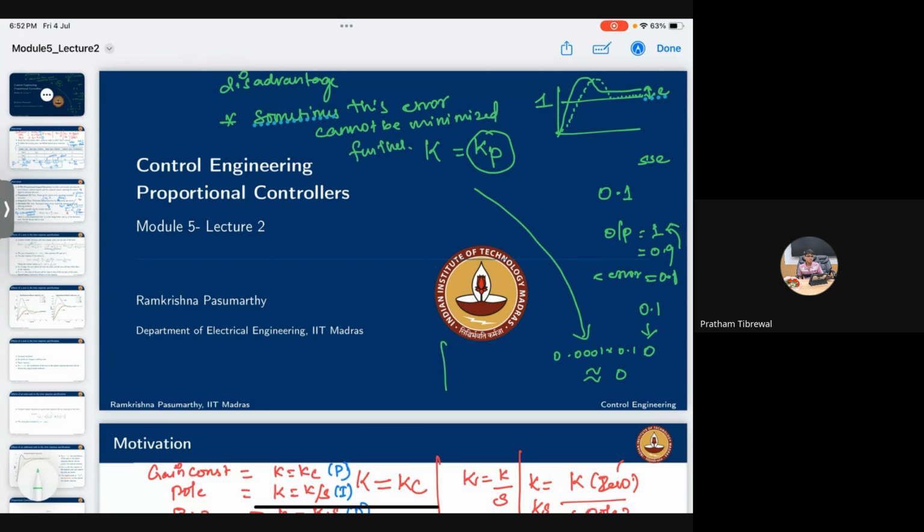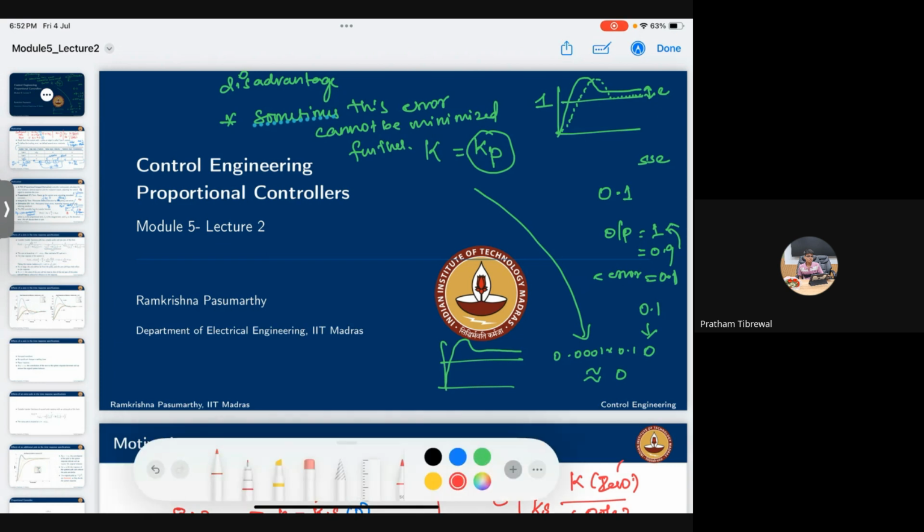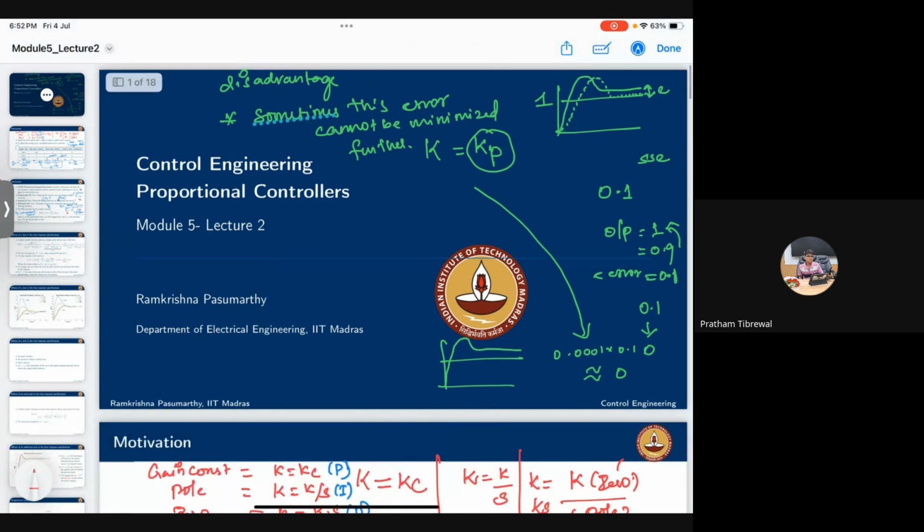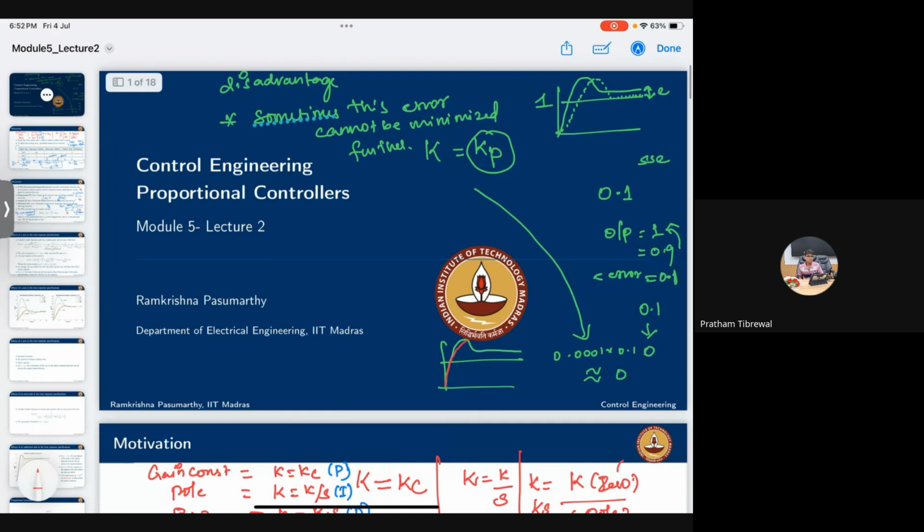Because if my original system behaved like this, and I push the system to behave like this after implementing some gain, this difference I won't be able to remove at all. Sometimes it's based on the system behavior. So these are the disadvantages of using only proportional gain KP.